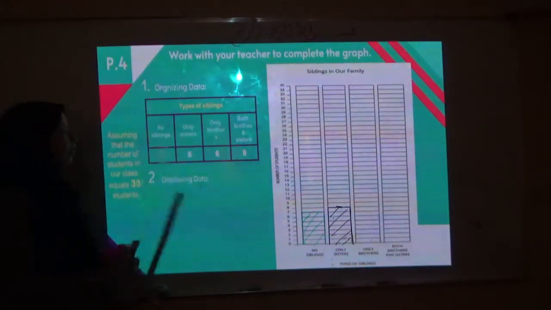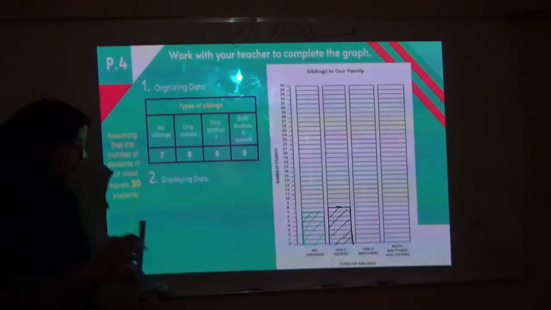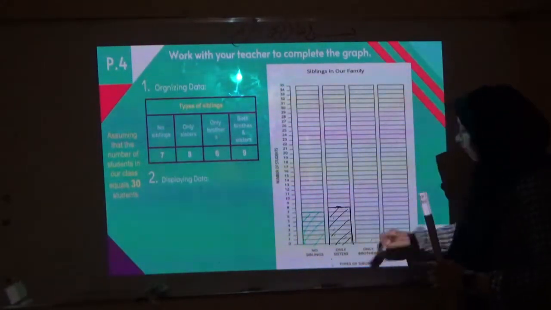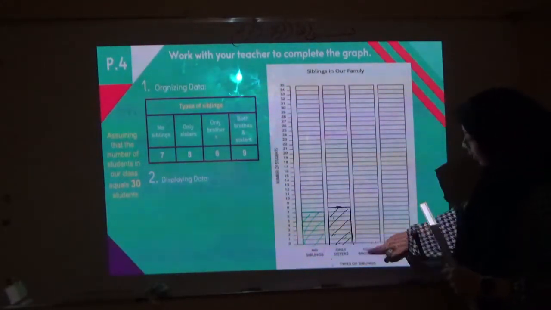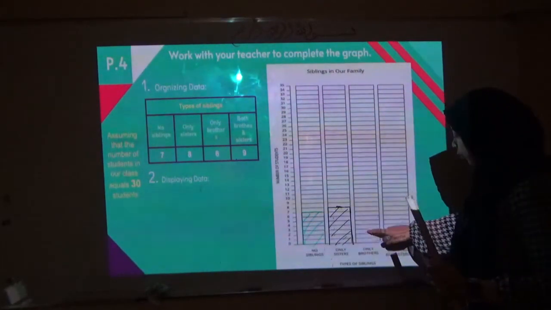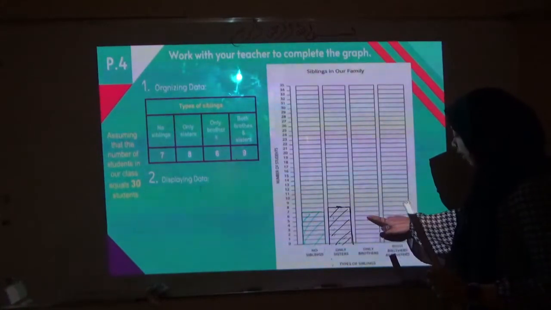The third one, 6 students, so we'll do the same. Again, I'll start from 0 up to 6. So 1, 2, 3, 4, 5, and 6.